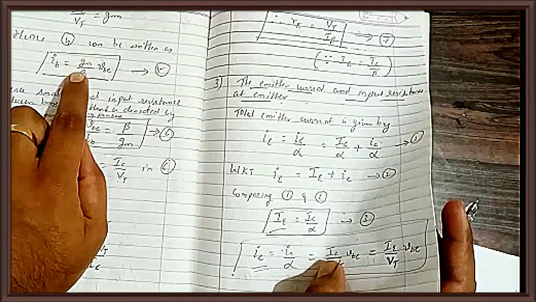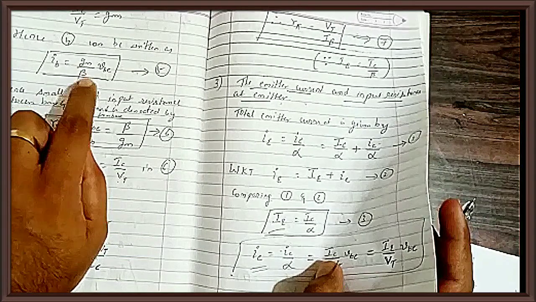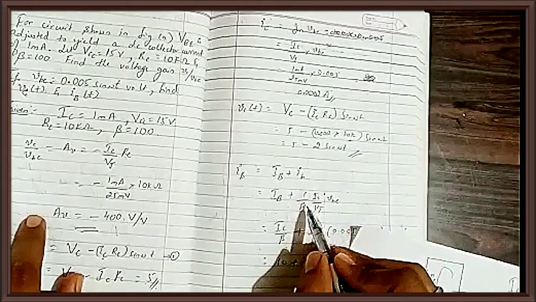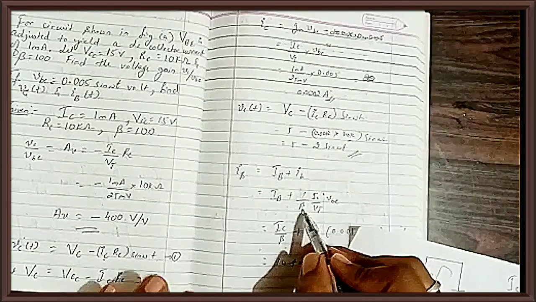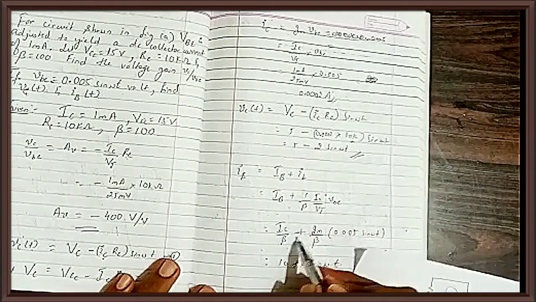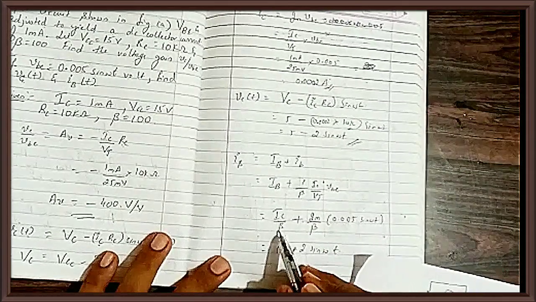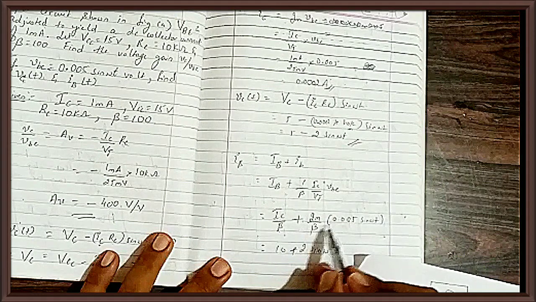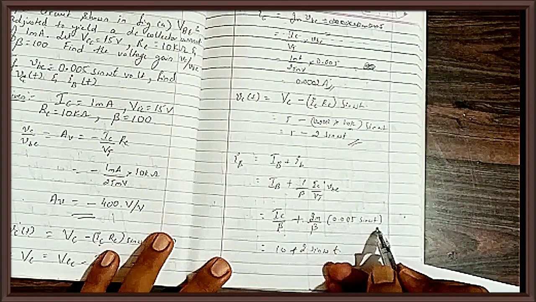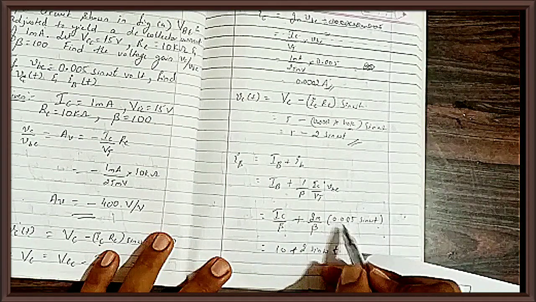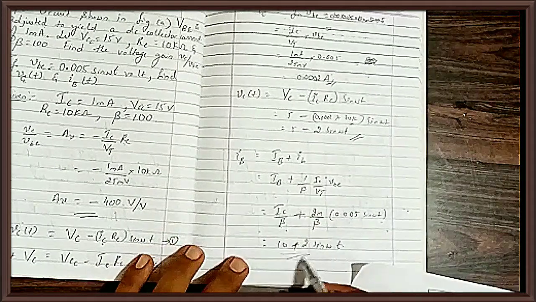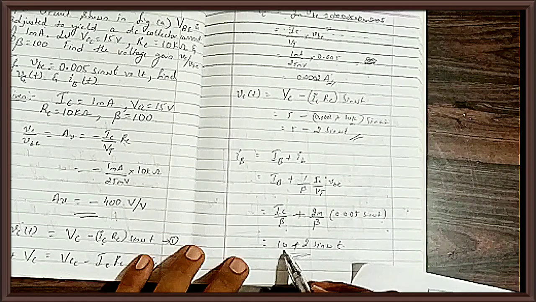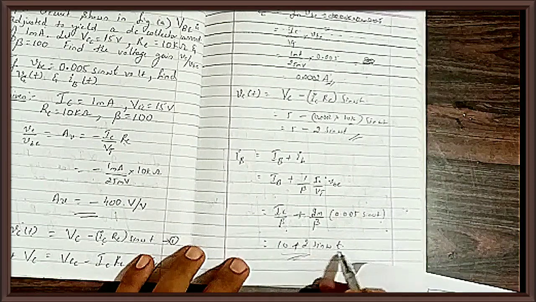So it will be IC divided by beta into VT into small vb. That's the formula I am using here. So if I use it, what will I get? IC divided by beta plus GM divided by beta into 0.005 sine omega t, because vb is sine omega t. The GM I already know, as it is IC divided by VT. Solving this, I'll be able to get the expression as 10 plus 2 sine omega t.